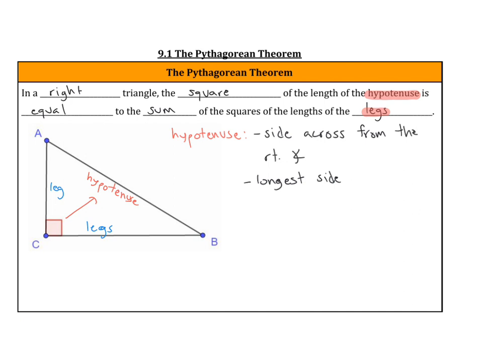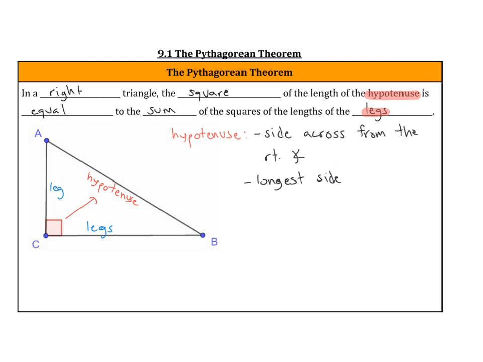Now let's actually get to our Pythagorean theorem. First thing that I want to do here is label my side lengths of my right triangle. The way we do that typically is we take a look at which angle the side is across from, and I'm going to label it with a little letter according to that angle.